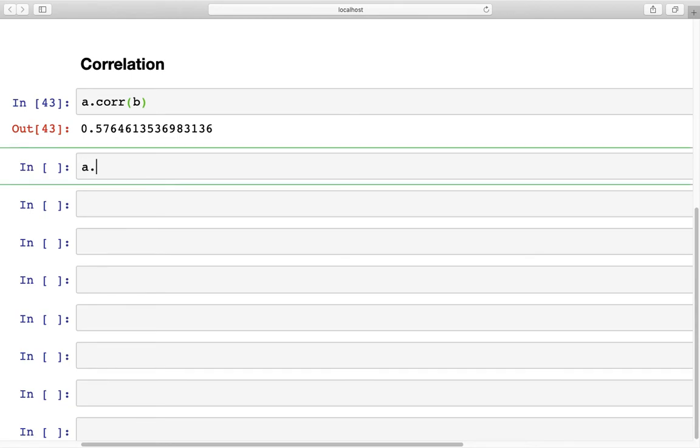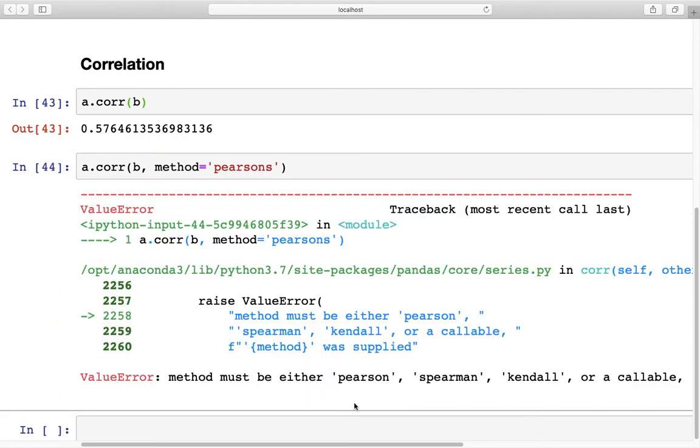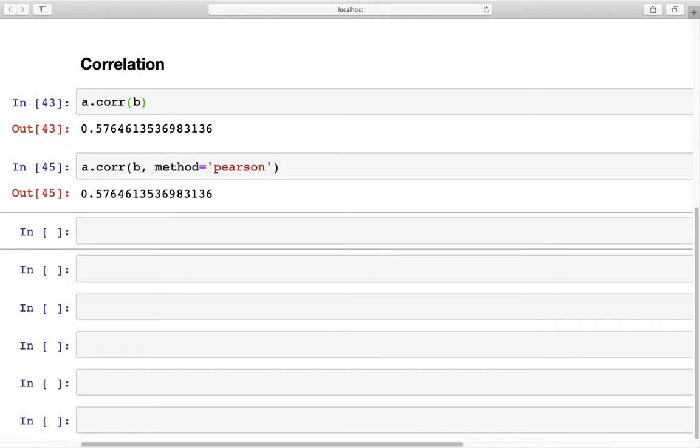So if you type a.corr and here you have b, you can specify method is equal to pearson, and we get some number, which is a default value. And just to refresh what you learned from those videos, 0.5 is a very low correlation.